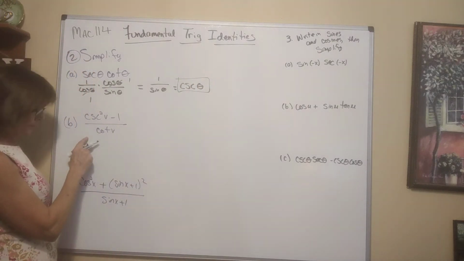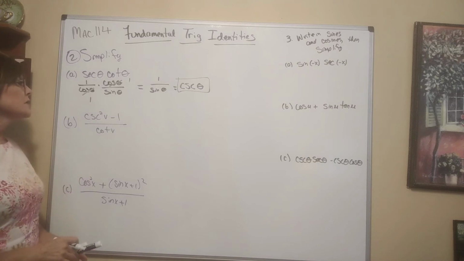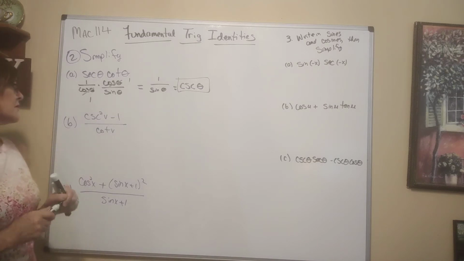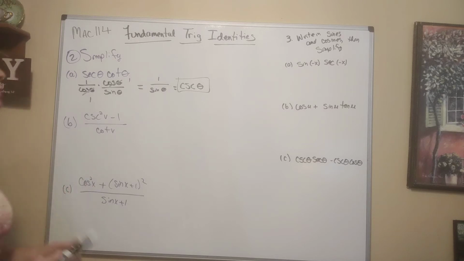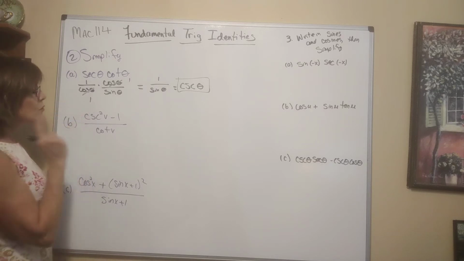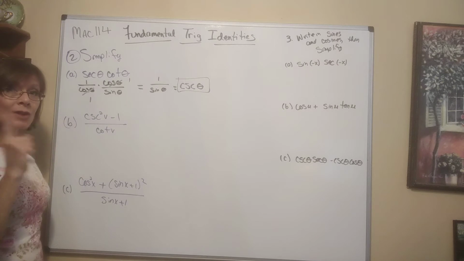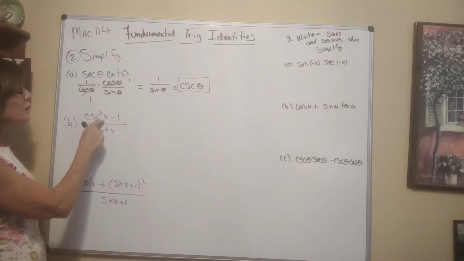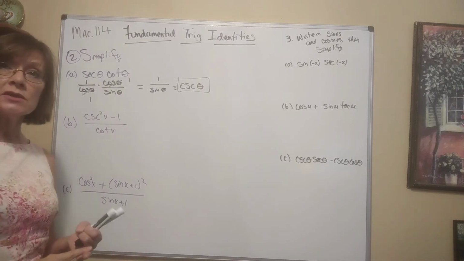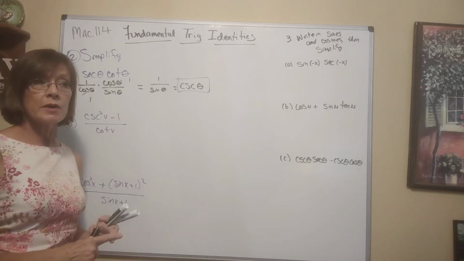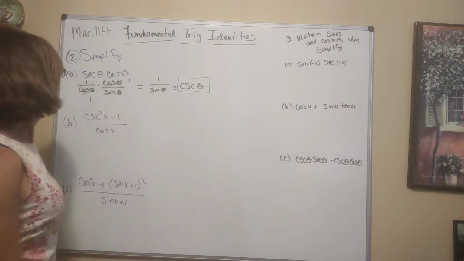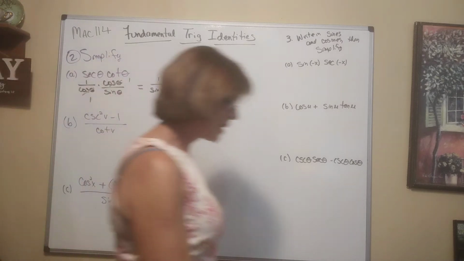Let's try this. The cosecant squared of v minus 1 over the cotangent of v. What in the world should we do with that? Well, I don't know offhand, but I know this much. Do you see this cosecant squared of v minus 1? When I see a cosecant squared, a cotangent squared, a sine squared, a tangent squared, I'm going to try to use the Pythagorean identity. So which one of these involves cosecant squared?